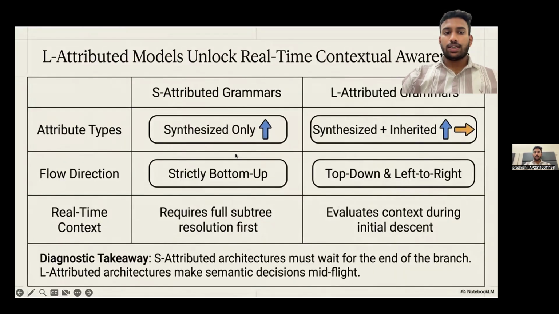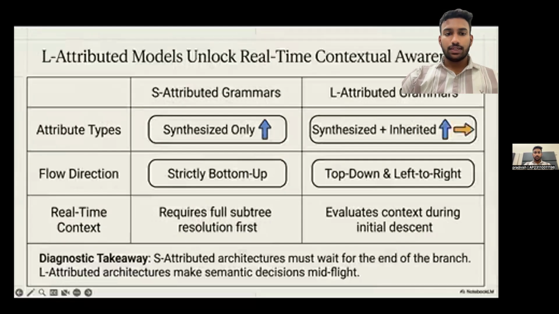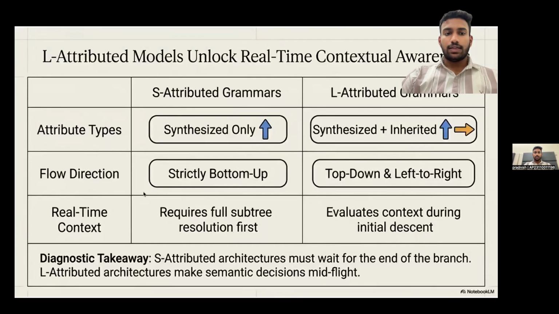Now let us see the differences between S-attribute and L-attribute. Basically, there are two types of attributes. One is S and another one is L. If we have only S-attribute grammar, we are strictly following a bottom-up approach.